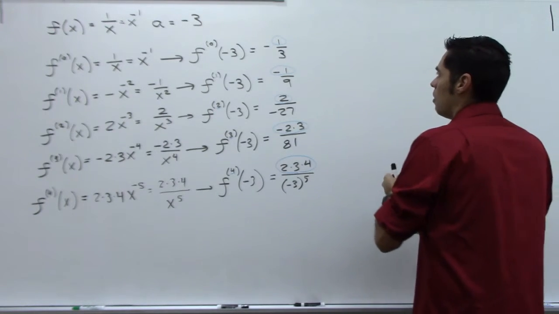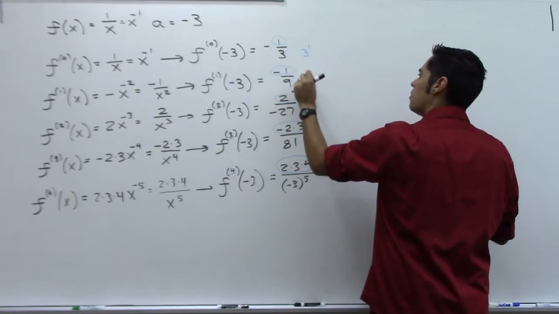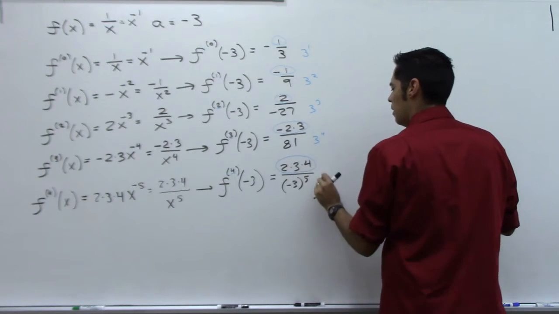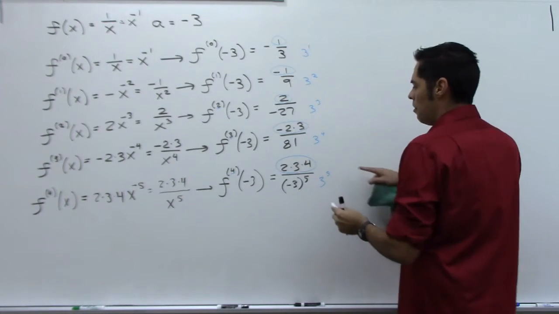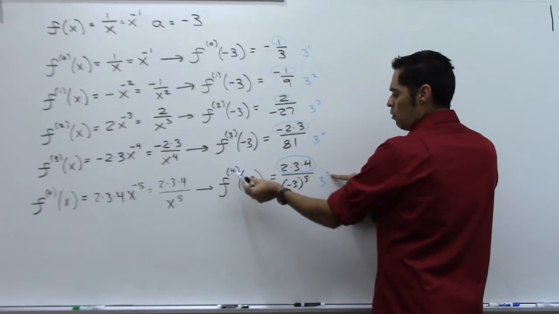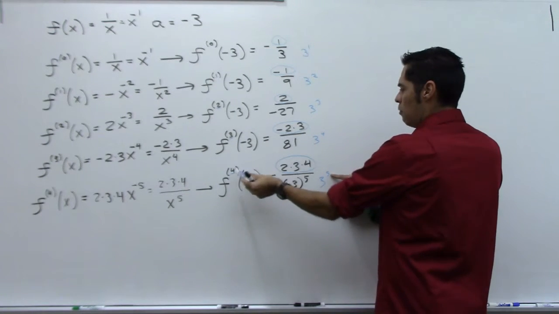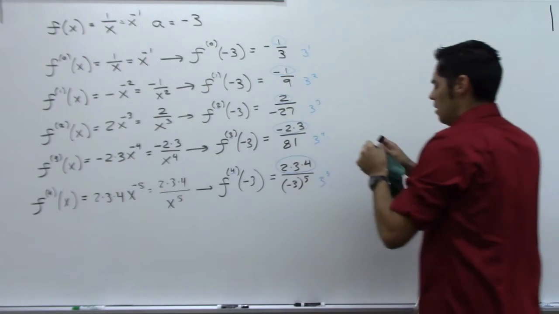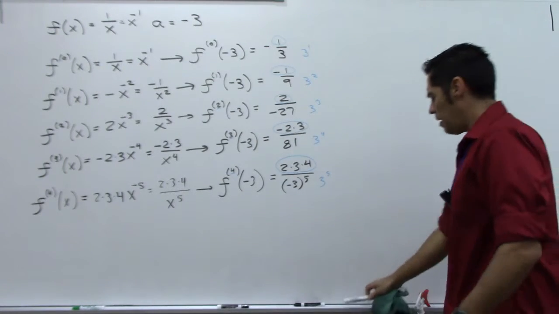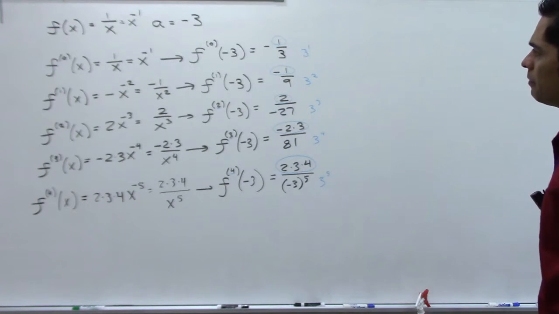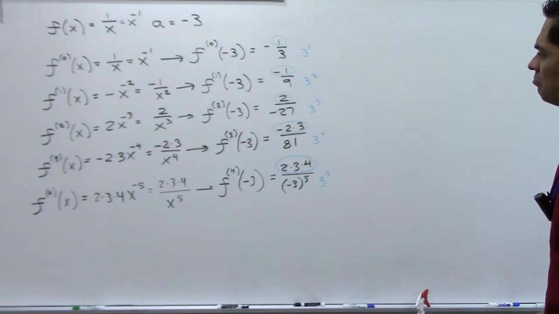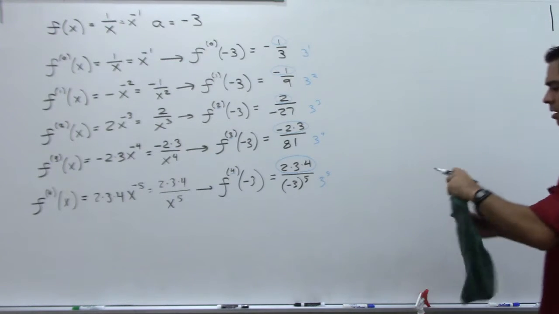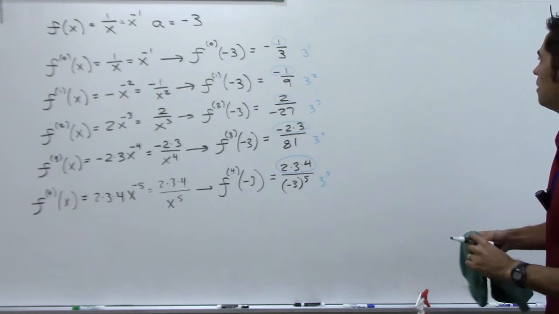And then the bottoms are all just powers of 3. 3 to the 1st, 3 squared, 3 cubed, 3 to the 4th, 3 to the 5th. And so this number 5 is always 1 more than this, right? 5, 4, 4, 3, 3, 2, 2, 1, 1, 0. So I think I can come up with a general formula for my C sub n. I think a general formula would be pretty easy to come up with here. But I'm going to put it all together and try and write the power series out.